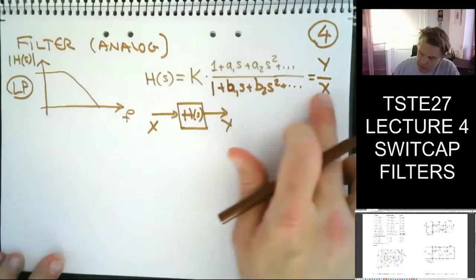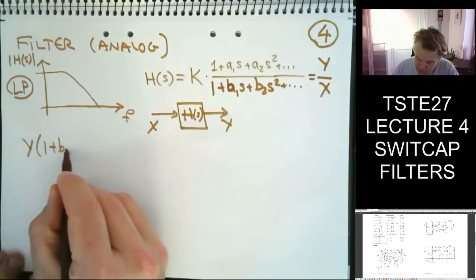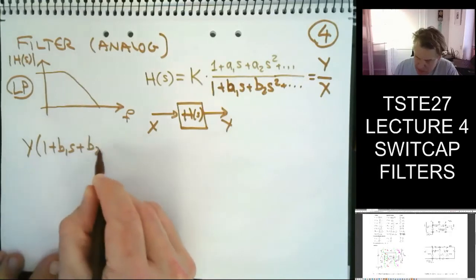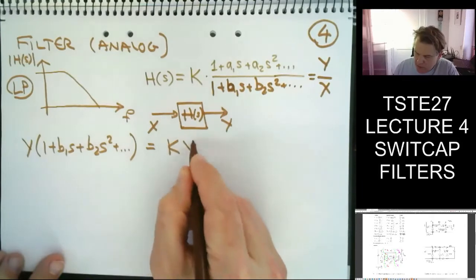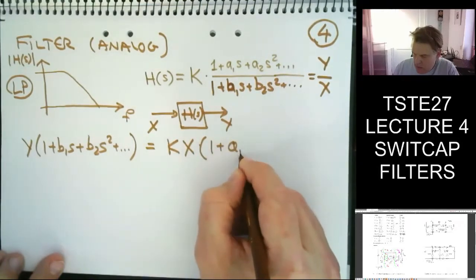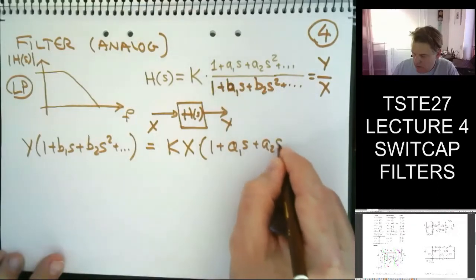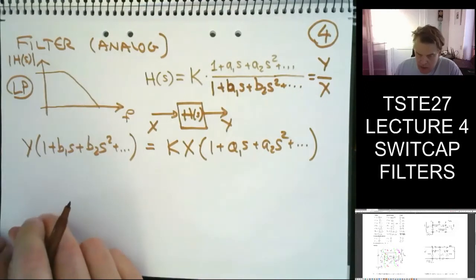I can reorder this. I can write Y times 1 plus B1S plus B2S squared plus and so on, which is equal to K times X times 1 plus A1S plus A2S squared plus and so on.